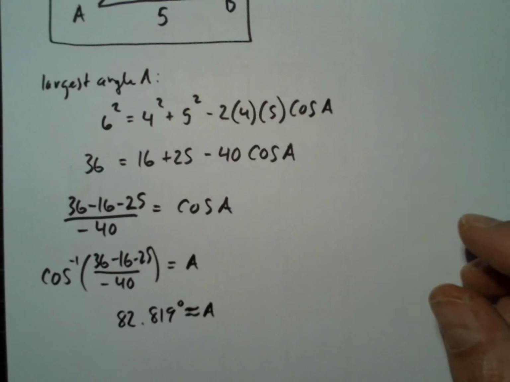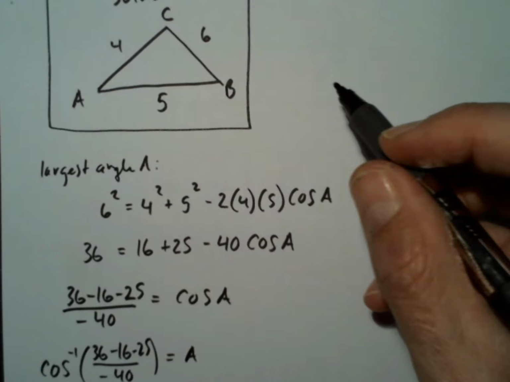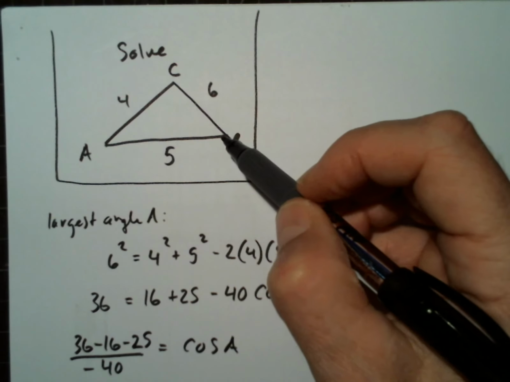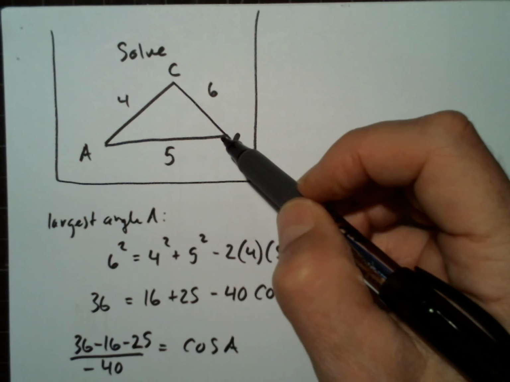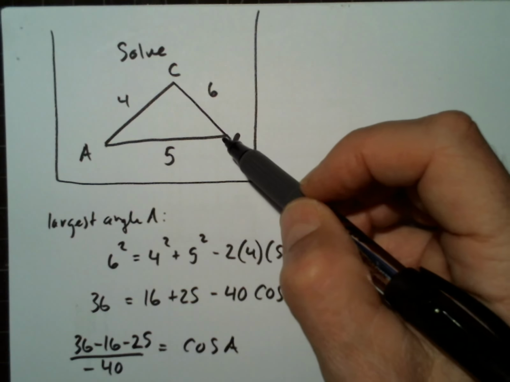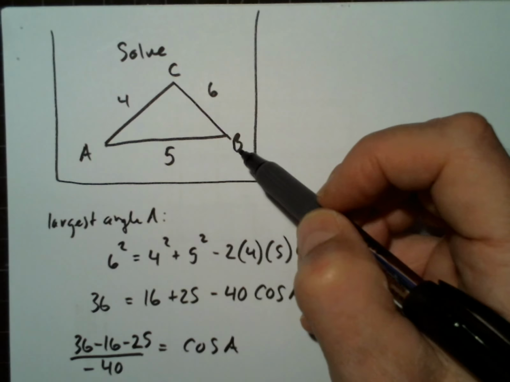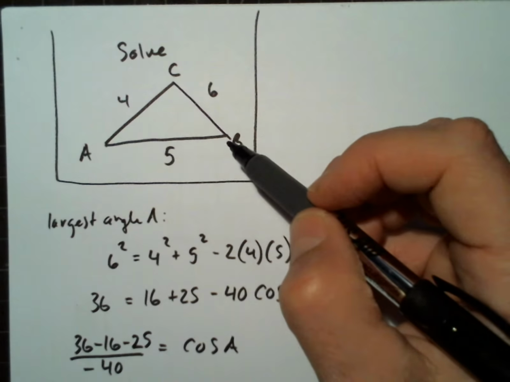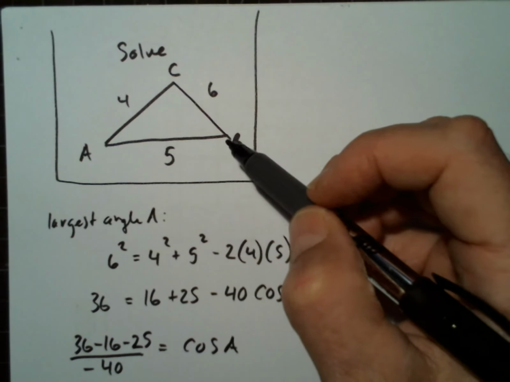Okay, now we need to find C and B. Let's use law of sines to find the smaller angle. In this case, either one would work, but let's just stick to the rule. If 4 is the smallest side, then B is the smallest angle. Let's find B first.